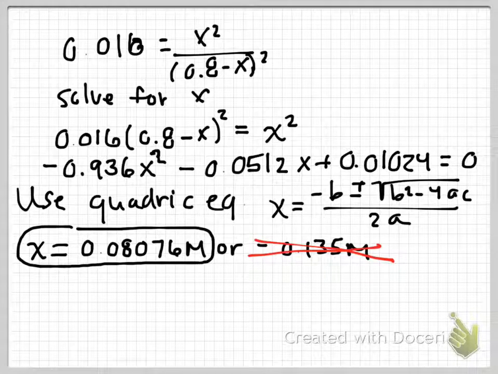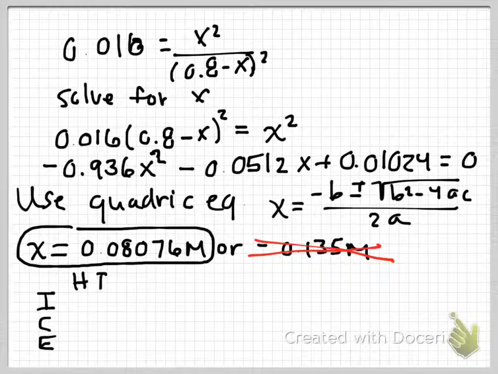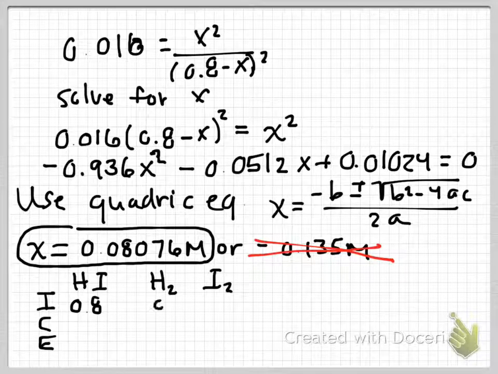It's a good idea to put this back into your original ICE table. Now we know the numbers. So we have our species, and we had 0.800. Our change now, minus 2x.